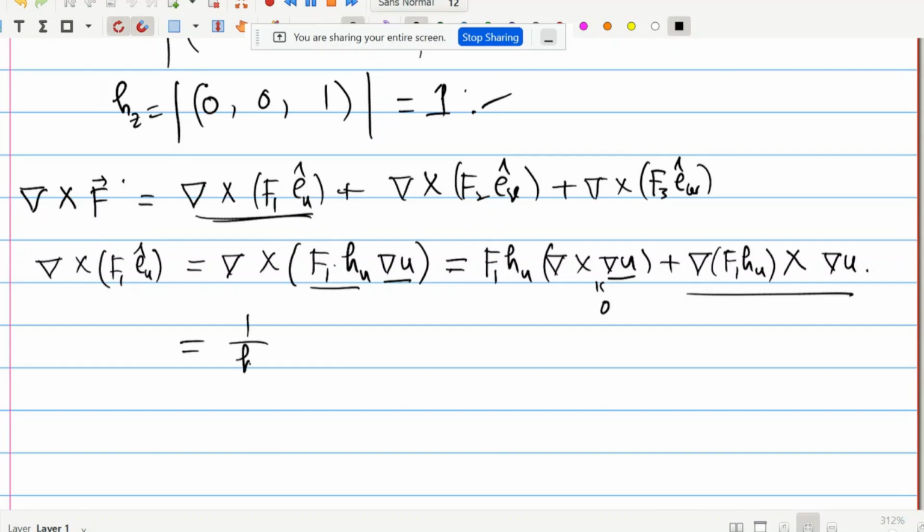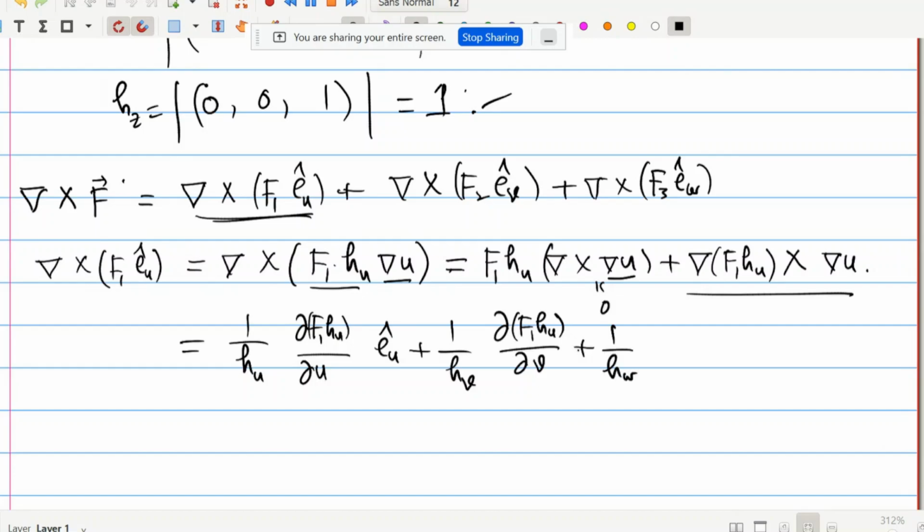We have 1 by HU dou F1HU by dou U EU cap plus 1 by HV dou F1HU by dou V EV cap plus 1 by HW dou F1HU by dou W EW cap.